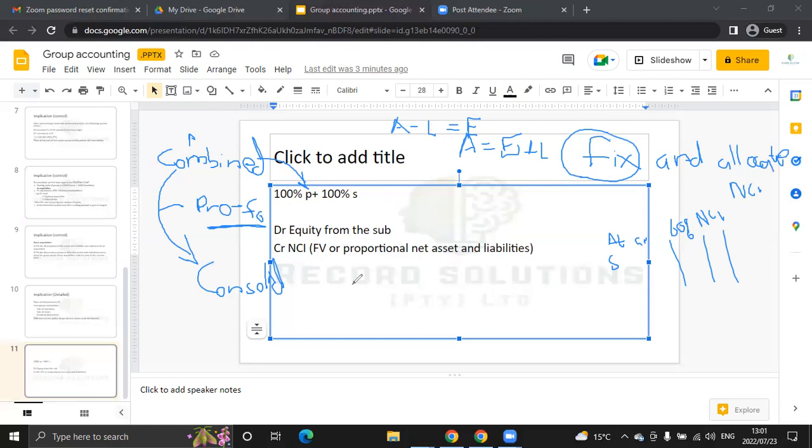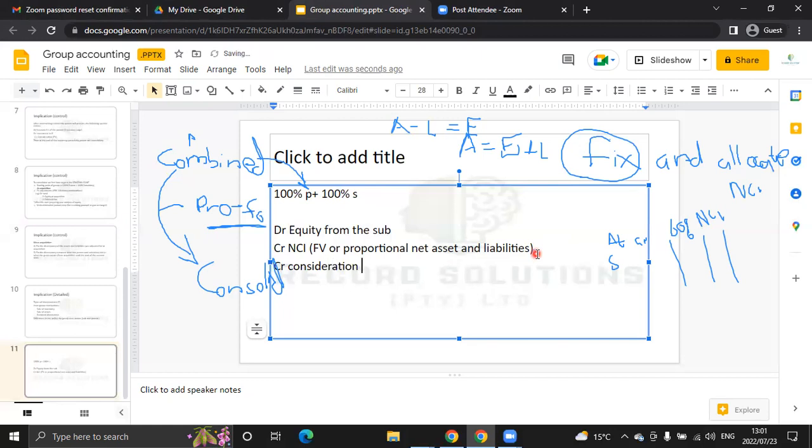That's basically how you calculate NCI at this point, right? That's NCI. And then once you're done with this NCI, the only thing that's left to credit is the consideration, right?